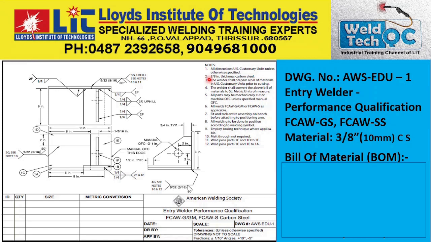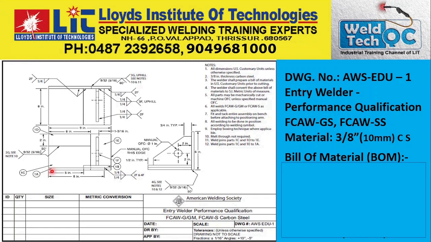Assume that all the plates, all the parts, are 3/8 inch thick. We will only say what the breadth and length are, the vertical size and the horizontal size. So let us start with 1A.